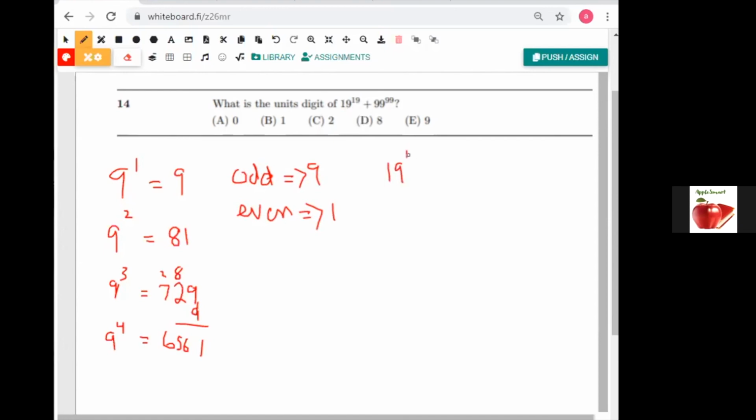So the first question is 19 to the power 19. So it's odd. So what is its last number? 9. So it's a big number ending in 9. And then 99 to the power 99. I have no idea what that number is.